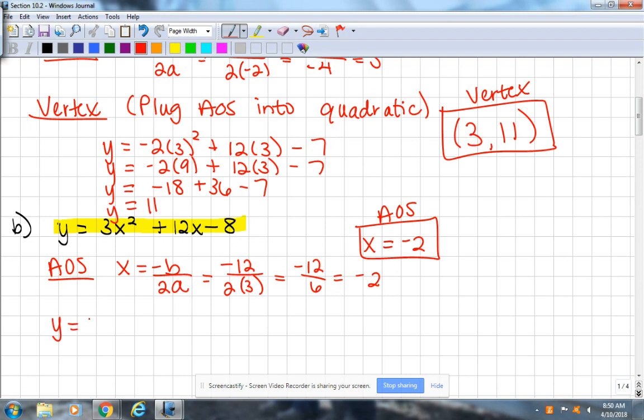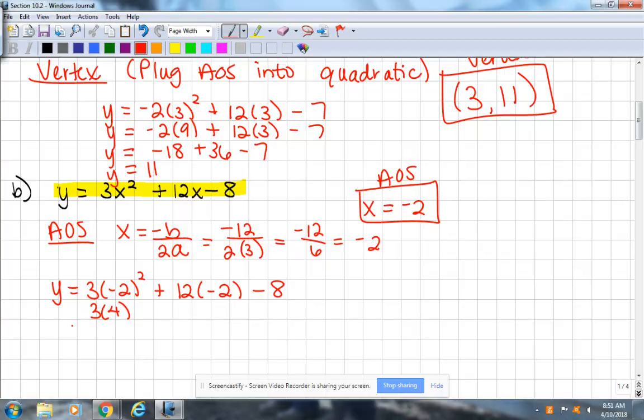So y equals 3 times negative 2 squared plus 12 times negative 2. And then you do your arithmetic, your order of operations. So what's negative 2 squared? 4.